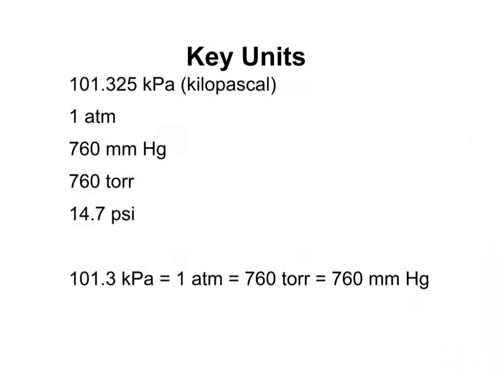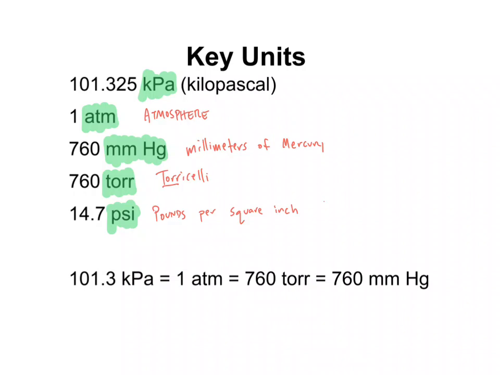Some units that you'll need to be familiar with are the kilopascal, kPa, the atmosphere, atm, millimeters of mercury, torr for torricelli, and psi. So what do all these stand for? kPa stands for kilopascals.